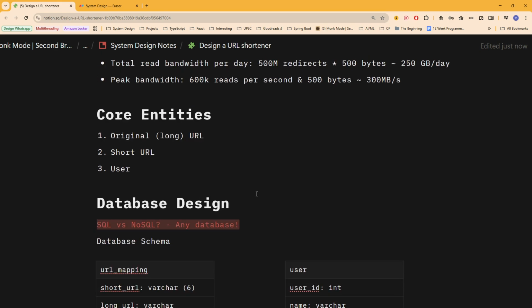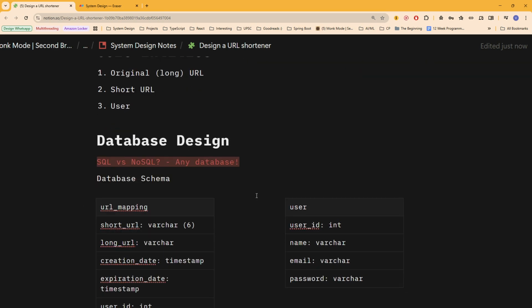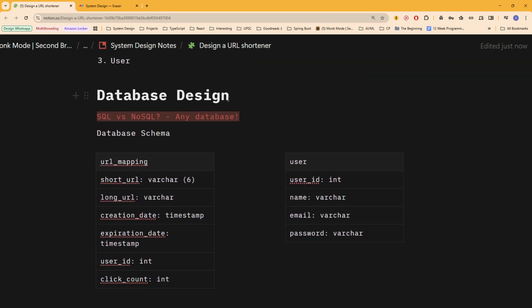So now let's talk about the core entities. The core entities for a URL shortener, if you have not already guessed, are the original URL, the short URL, and the user. Now, database design: it is not mandatory that the interviewer would want you to work on it, but if they want it, you can have some tables like these.